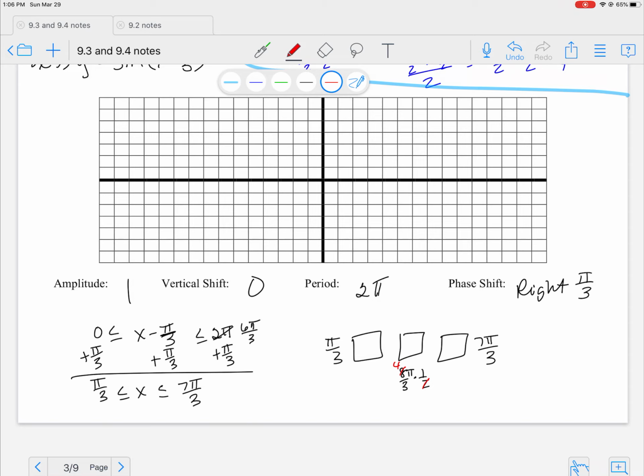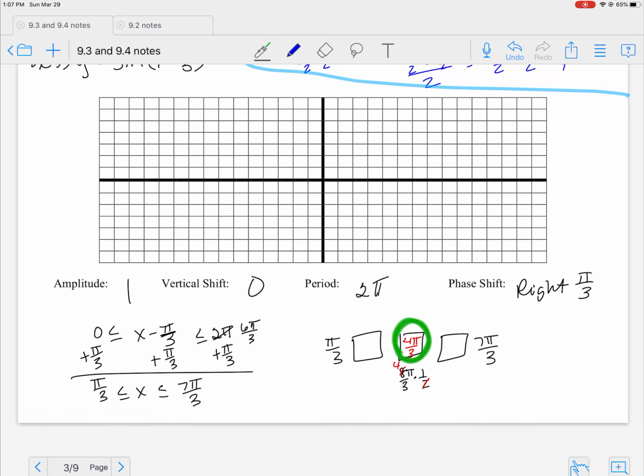Divided by 2 will be, I'm going to get a different color to reduce this fraction, 4 pi over 3. Do you see that? Because you just reduce the fraction. 2 goes into 8, so we get 4 pi over 3.